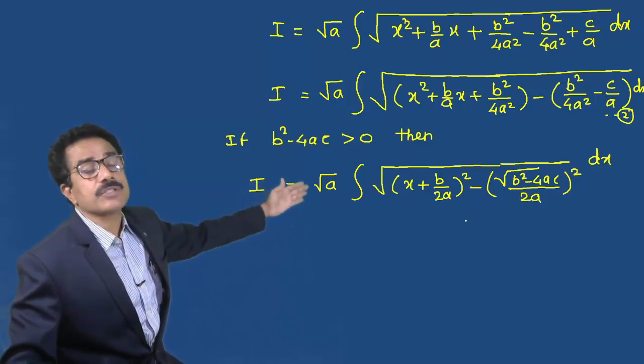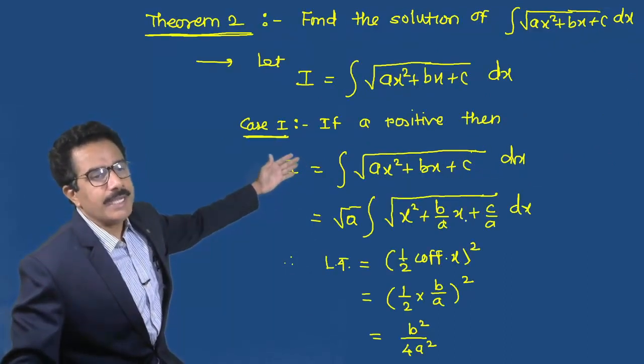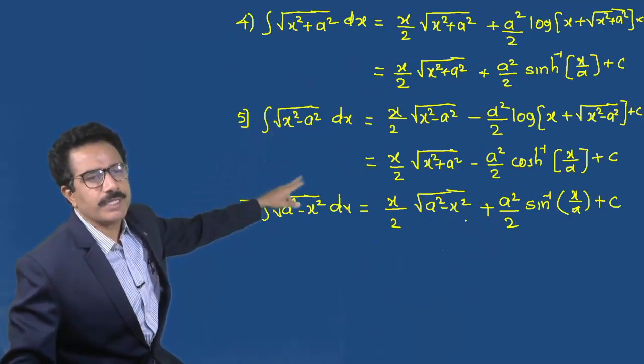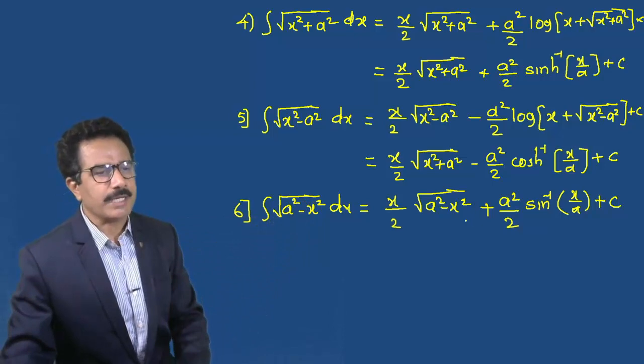Now see, this is the standard form x square minus a square, and if the standard form is x square minus a square, then we have to use the formula with x by 2.